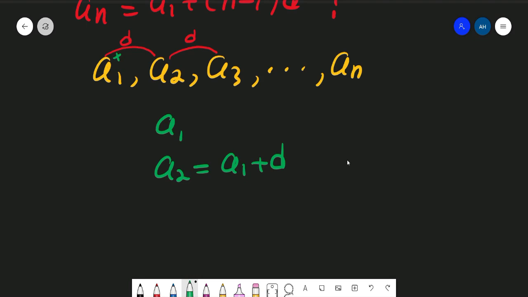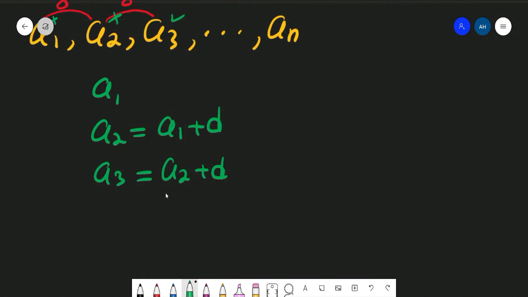Now the same thing goes for a3. a3 must be a2 plus d. But we already know that a2 is equal to a1 plus d. We already wrote down up here that a2 is equal to a1 plus d.